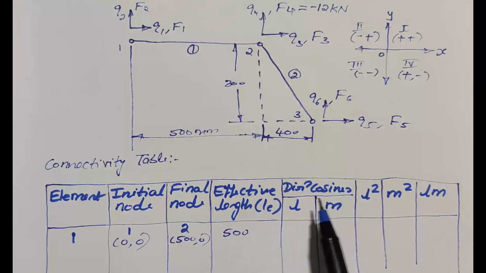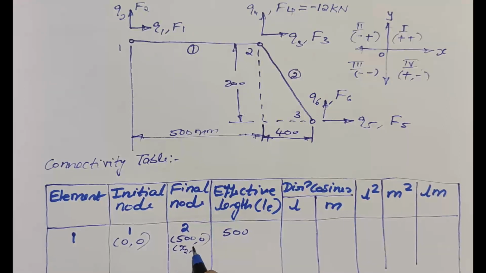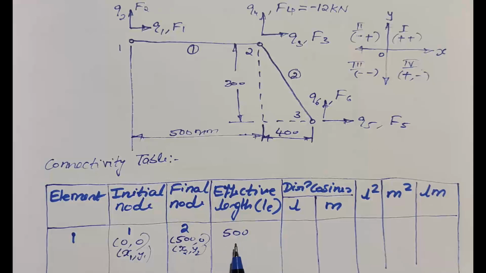Next, the direction cosines L and M. See, we have derived the formula for L and M. L is x2 minus x1 divided by LE, that is length of the element. See here, this is x2 y2, this is x1 y1. L is x2 minus x1 divided by length, means 500 minus 0 divided by 500.